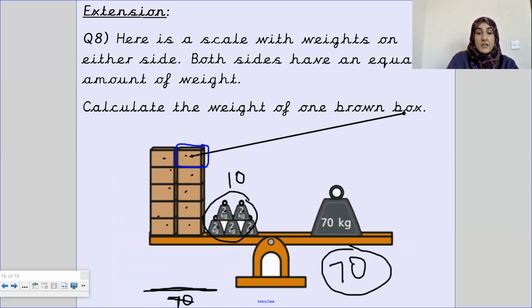We know that these boxes weigh 60 kilograms because 60 add 10 equals 70. Okay, now you need to take this and divide it by these boxes here, and then that will give you the weight of one box. So I've explained the entire extension for you. You just need to do the calculation, the numbers.